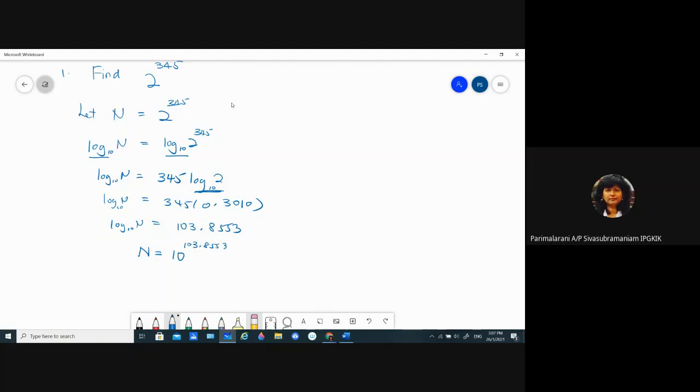Is that correct? Do you understand that? Why is it like this? It is because of this: log y base b equals x. Because of this definition, we get this. Now can you use your calculator and find this answer, 10 to the power of 103.8553?